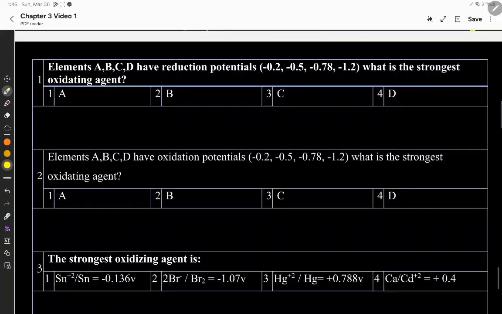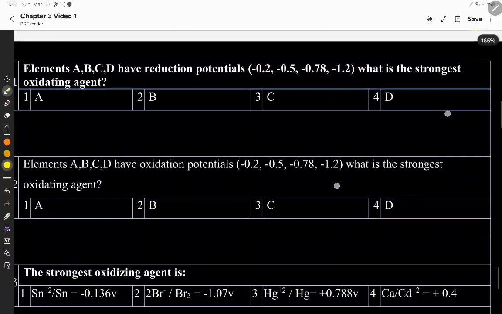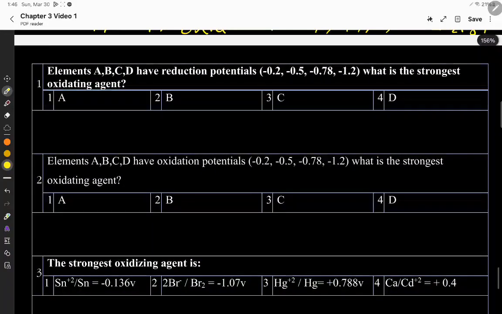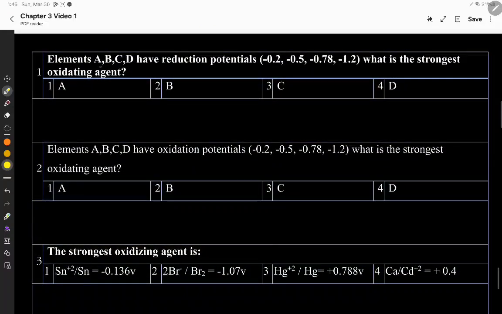Now here, let's see. Elements have potentials. What is the strongest oxidizing agent? Let's see questions like these. Element A, B, C, D. This is A, this is B, this is C, this is D. What is the strongest oxidizing agent? Strongest oxidizing agent, highest value.